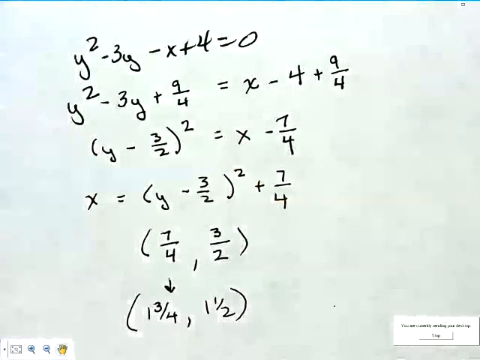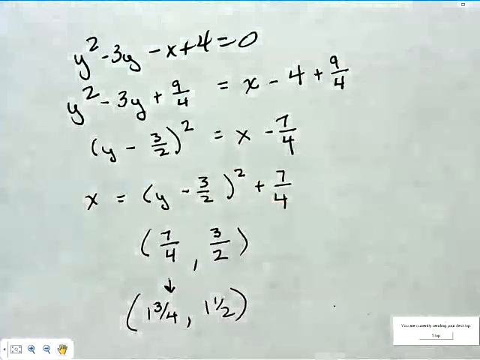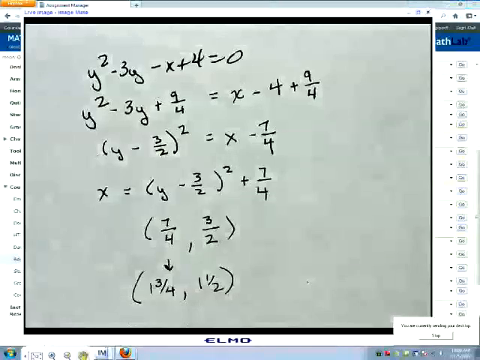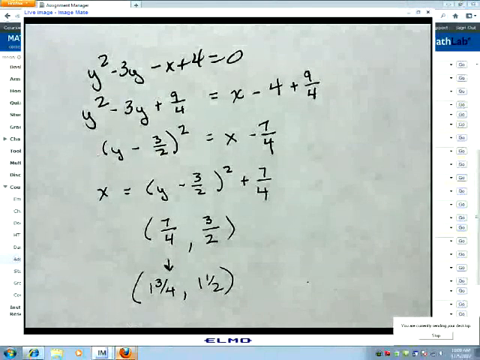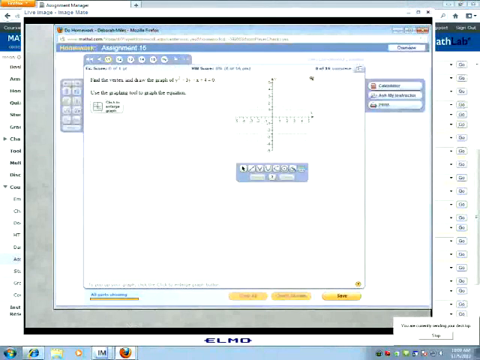So going back to my math lab, I know it is a parabola which opens to the right, so I'm going to click on sideways parabola, and the vertex 1 3/4, 1.5. Look at this ordered pair changing down in the right-hand corner right above the blue box.